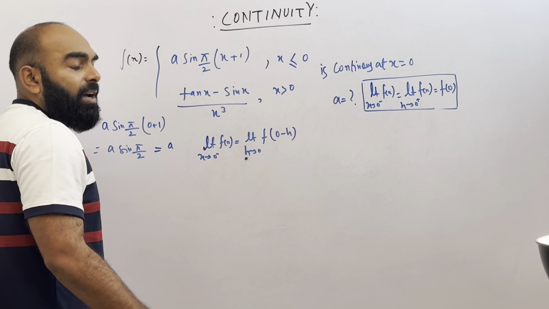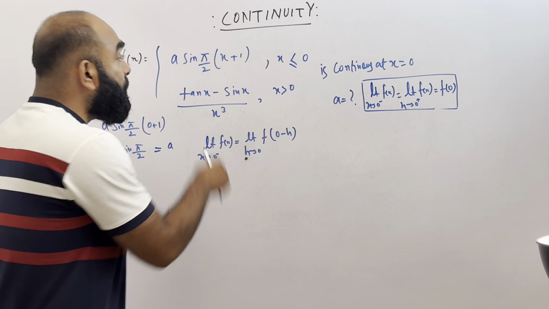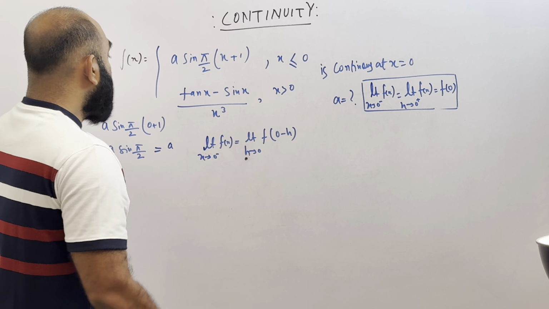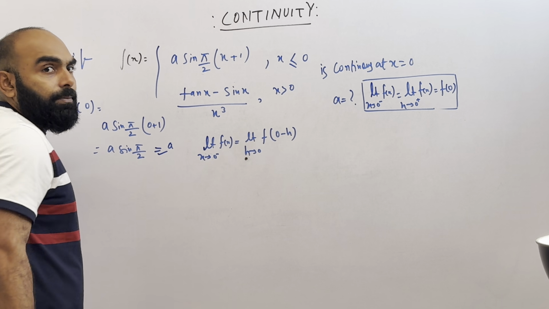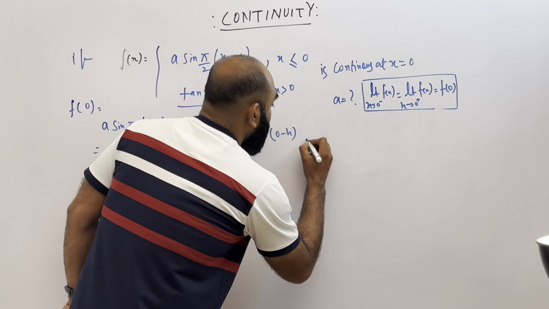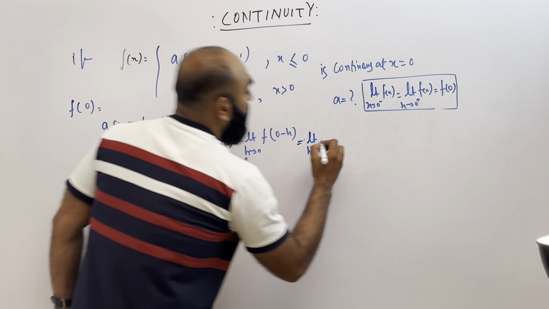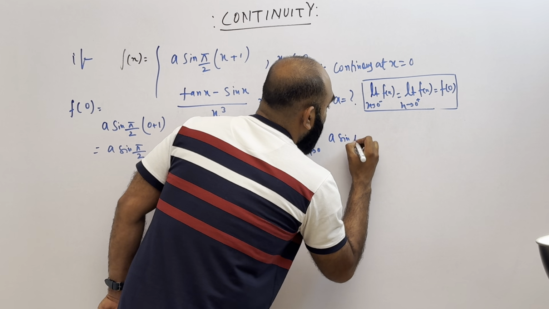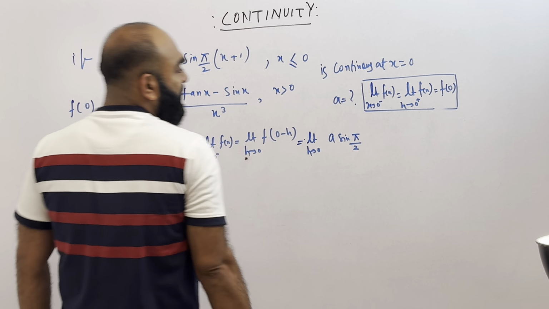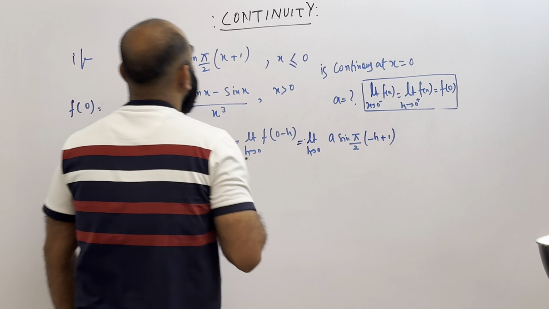Means go in the function and in place of x keep 0 minus h. Which function? This function, because it is defined for x less than 0 and also equal to 0. For equal to 0 you got the value a. Now for less than 0, limit h tends to 0 a sine pi by 2 and in place of x I keep minus h, so minus h plus 1. Correct now?